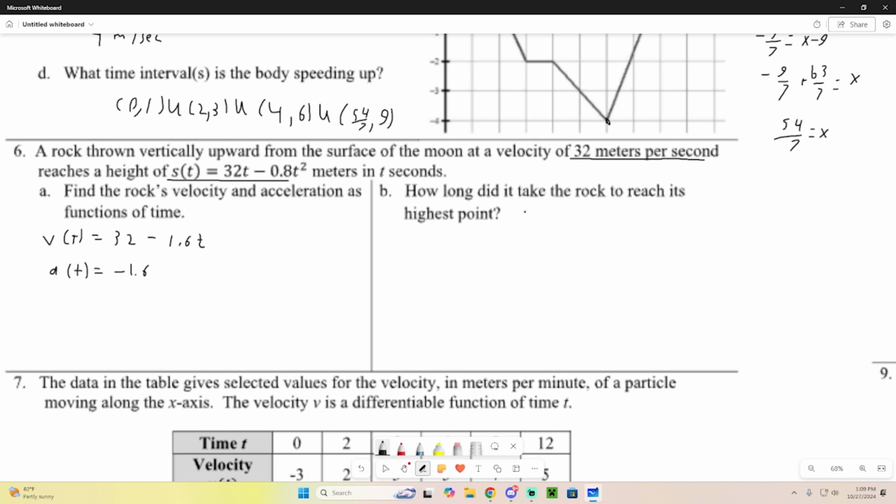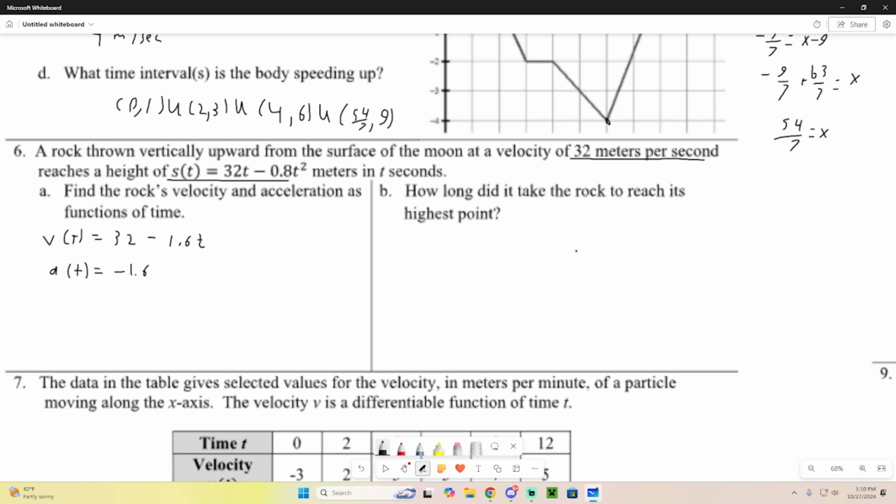How long did it take the rock to reach its highest point? So it reaches its highest point when the velocity is 0. If we sketch this out, it would reach its highest point when the position was up here, which means the slope of this line right here is 0.